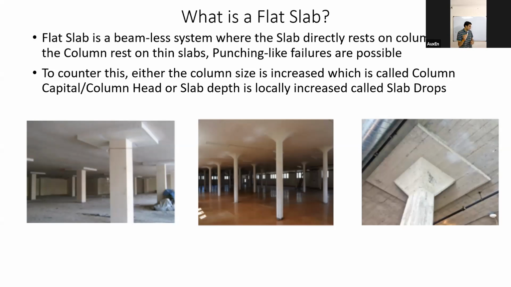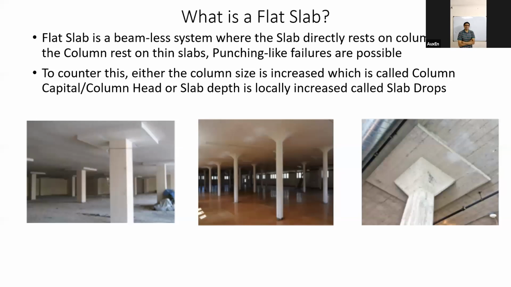And then what was the second case? Instead of taking paper as a slab, we were taking a thick book as our slab. If I was taking a thick book, even the earlier column was not able to cause any punching in my slab. This is a very crude example that I'm giving you just to make you understand.